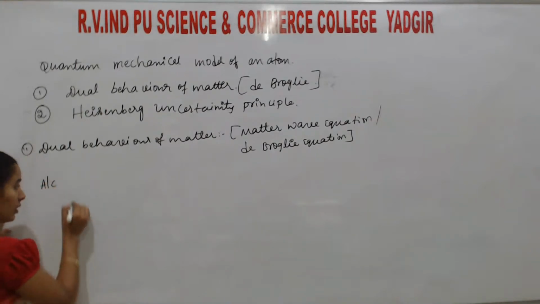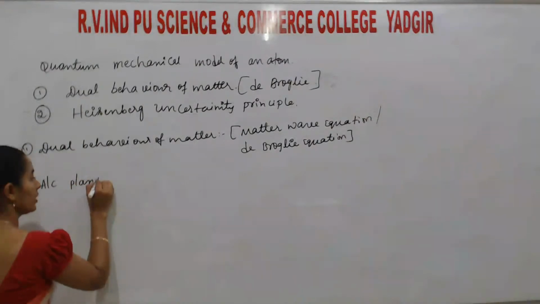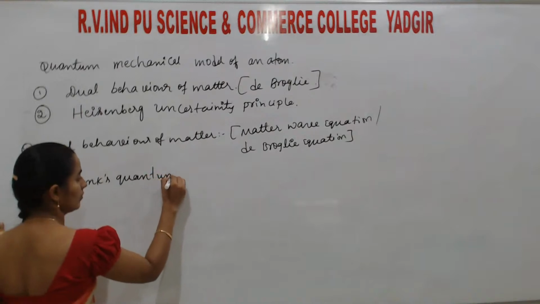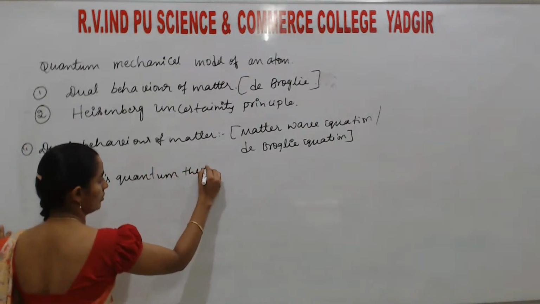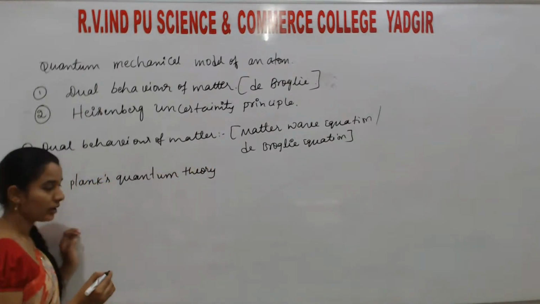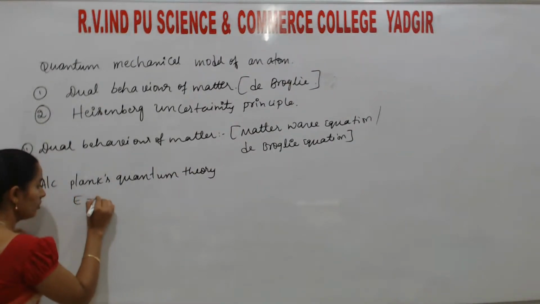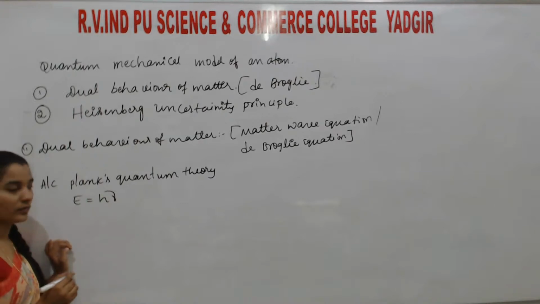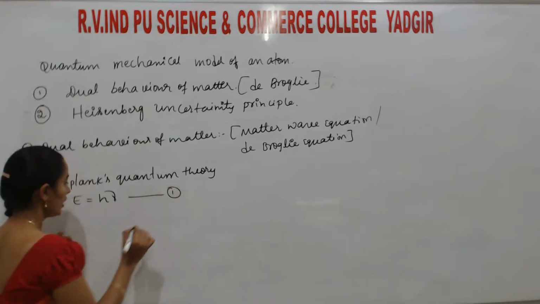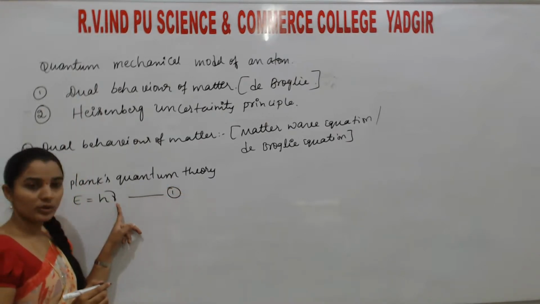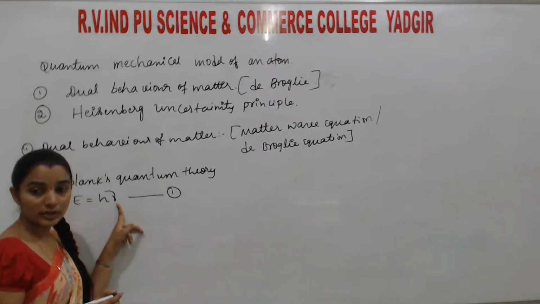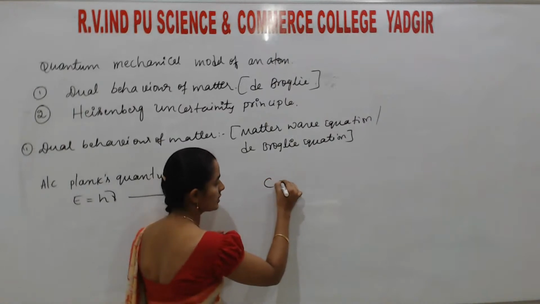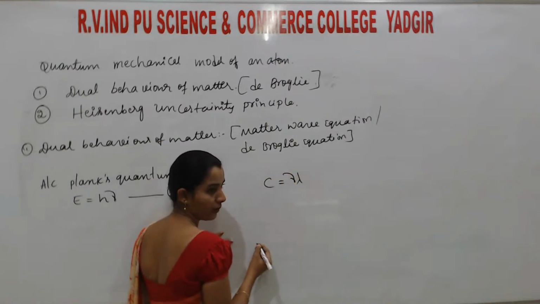According to Planck's quantum theory, E is equal to h nu. Okay, so this is equation 1. h is the Planck constant, nu is the frequency. And you know this equation, c is equal to nu lambda.